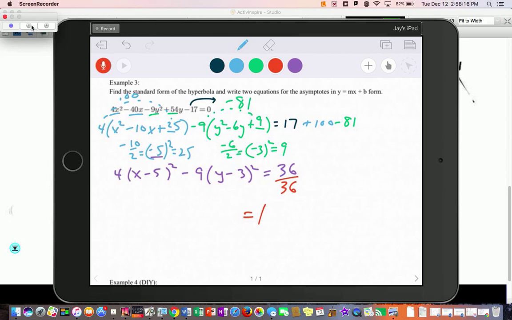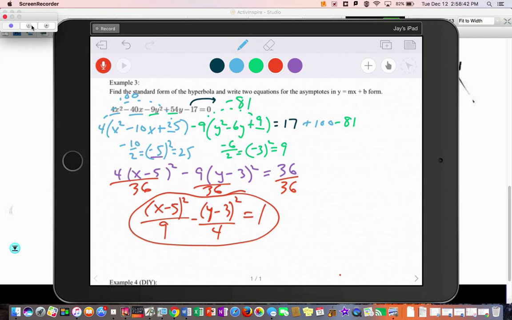So then, divide by 36, so I get 1. So now when I divide by 36 and divide by 36, 4 over 36 turns into 1 over 9. And 9 divided by 36 turns into y minus 3, quantity squared, over 4. So there's your standard form.